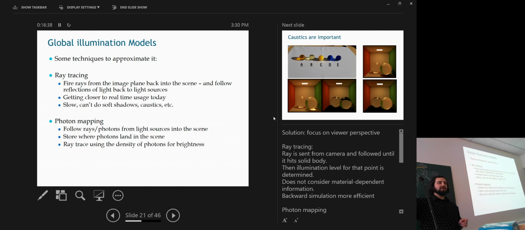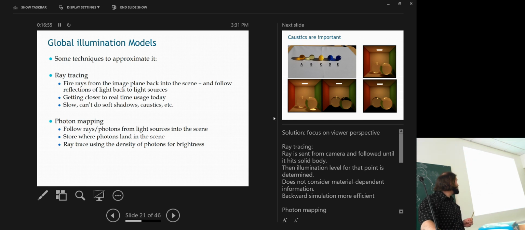When you start from the light source, the light goes to many different points, but not all of them go to the observer. So you just focus on whatever actually goes to the observer. But this approach has one very significant shortcoming: it's very bad at rendering soft shadows and caustics.